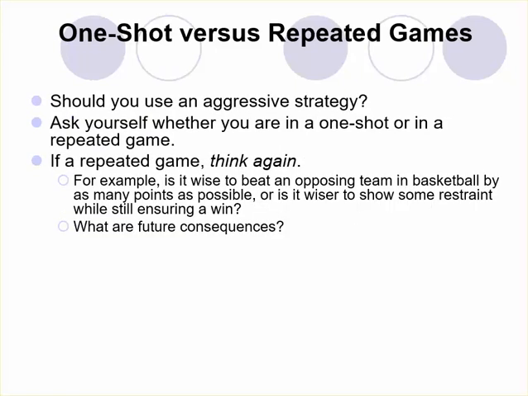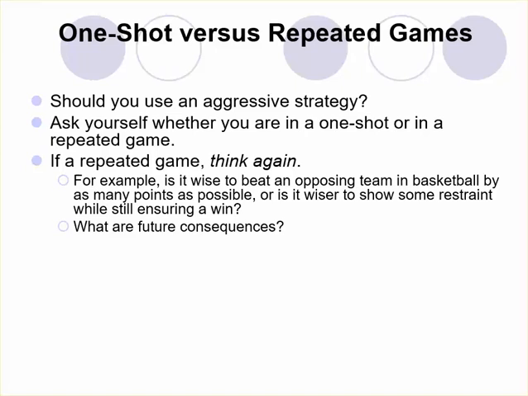So if you're playing a game and you're wondering what kind of strategy you should use, how aggressive you should be, one thing you might want to consider is whether this is a one-shot game or a repeated game. If it's a repeated game, you probably don't want to use a super aggressive strategy.